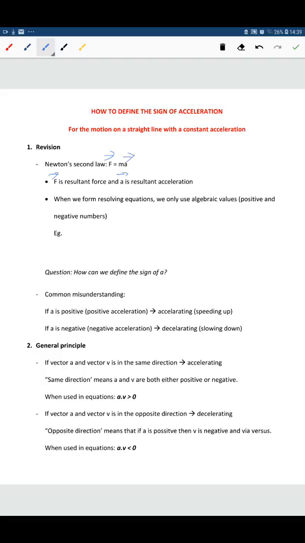They are just positive or negative numbers. For example, if I have the equation 2 plus T equals m times 5, then 2 plus T is the net force, and 5 here is the acceleration.